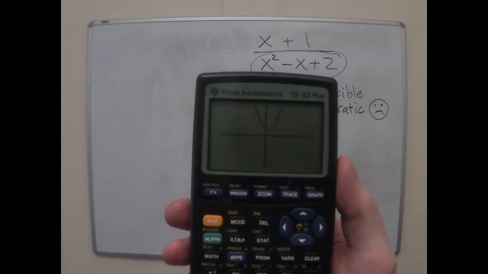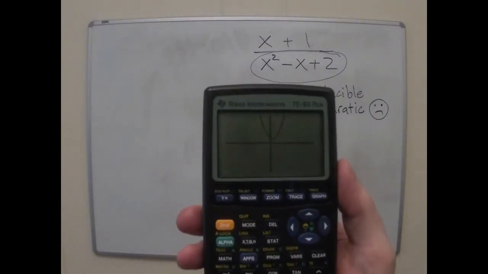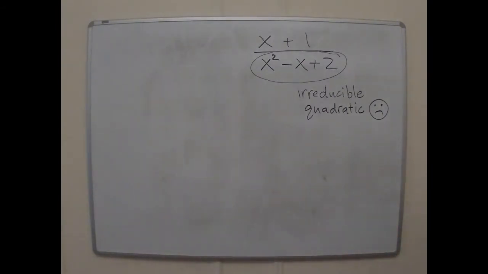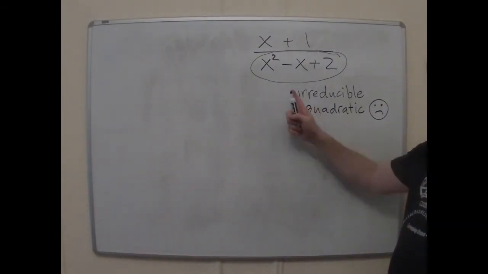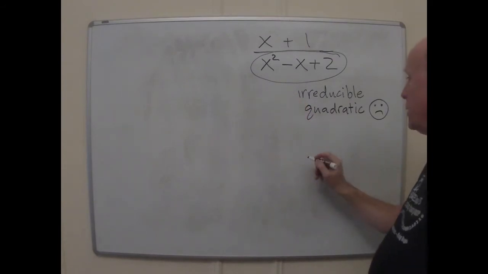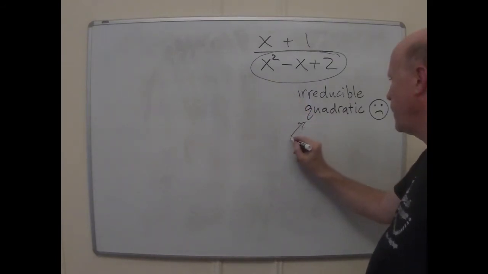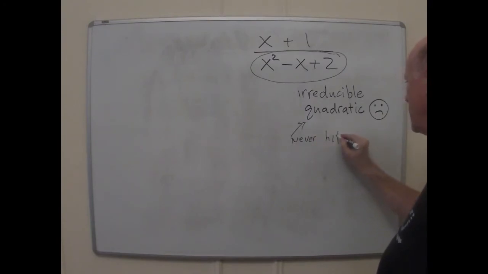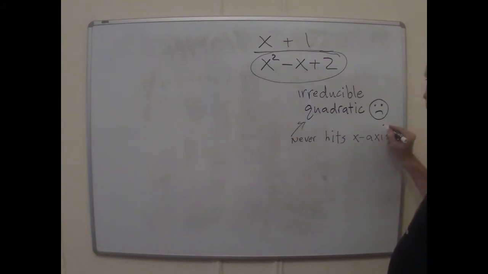I hope that's framed properly in the camera. I can't really tell, but if you plot it yourself, you'll see it doesn't have any zeros. It never hits the x-axis. That's what makes it irreducible.